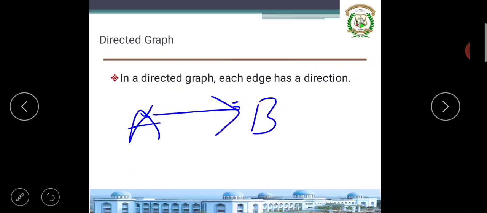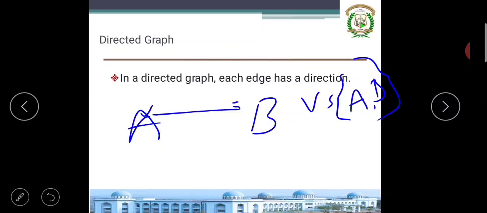This is called a directed graph. While writing the vertex set there is no problem, it is the same: V is equal to A, B. Two vertices are available. Where edges are considered, you must write the directions very clearly. The edge is AB.